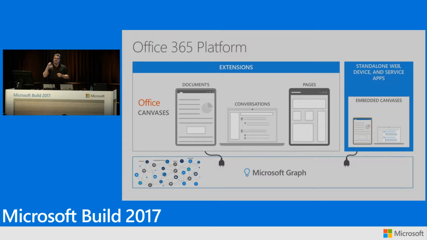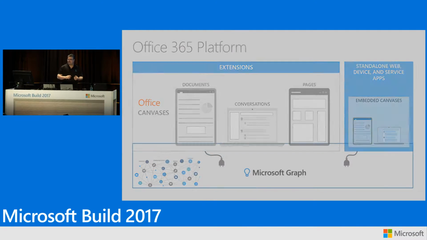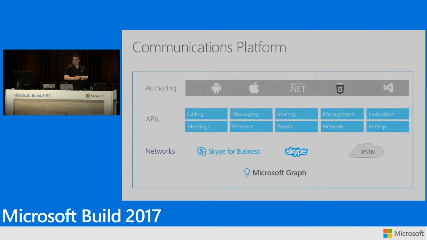So let's just drill a little bit in terms of the story for how you start to build on top of these and in some of the real communications pieces that are actually part of the graph itself. The foundation of the work that we're bringing to the table here is really starting from the networks that we're connecting on the communications side. And obviously, part of that is the Skype for Business, Office 365, the tens of millions of clients that we have running on that side. But it's also about the 300+ million active users for Skype.